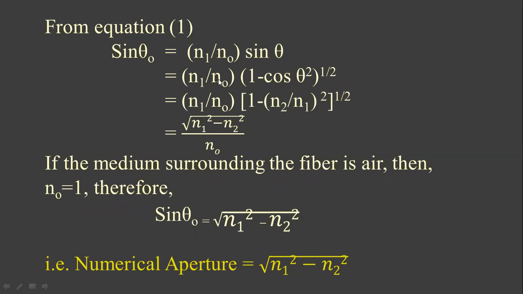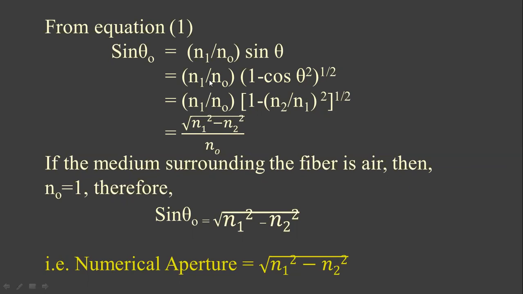This sine theta can be written as square root of 1 minus cos square theta by making use of the trigonometric formulas.